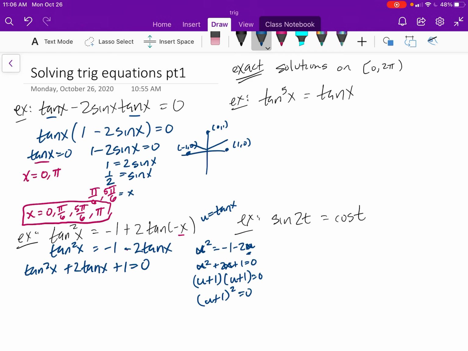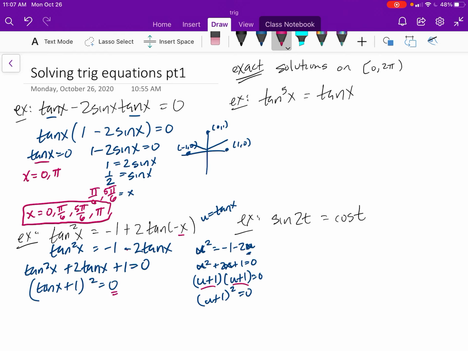Well, I can still factor tangent. I'd have tangent x plus 1 times tangent x plus 1, or tangent x plus 1 squared. Often I'll leave it like this rather than squaring it, that way I don't forget about any solutions here, but you can't factor and use the zero product property without it equaling 0 anyways.